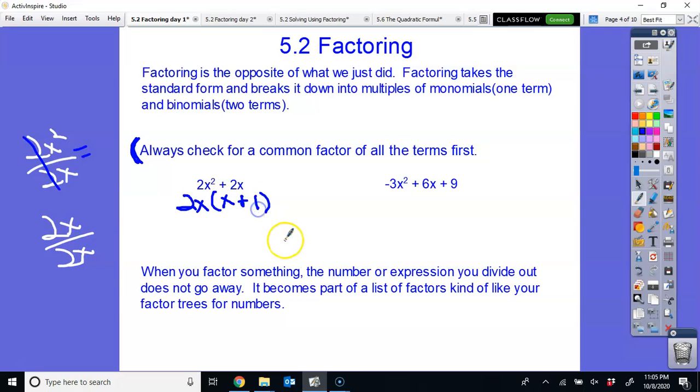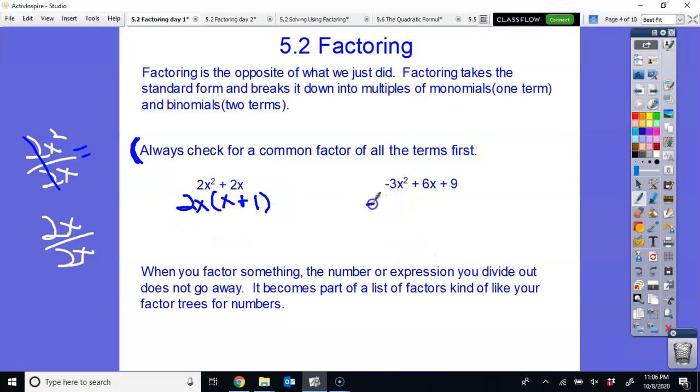That's 1. Notice it's just like reversing the distributive property, because what is 2x times x? 2x squared. 2x times 1, 2x. So that is taking it and dividing the 2x out.